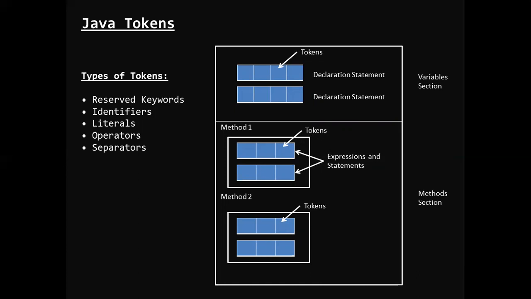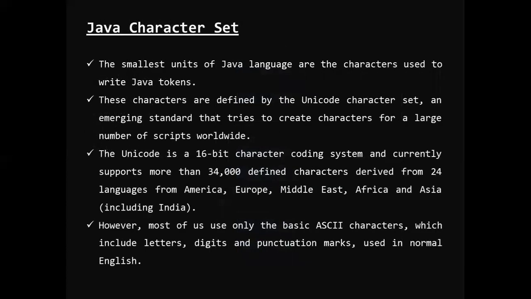Java language includes 5 types of tokens. They are reserved keywords, identifiers, literals, operators, and separators. Java character set. The smallest units of Java language are the characters used to write Java tokens. These characters are defined by the Unicode character set, an emerging standard that tries to create characters for a large number of scripts worldwide.